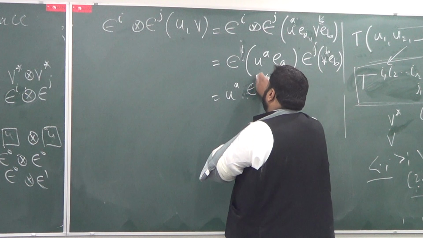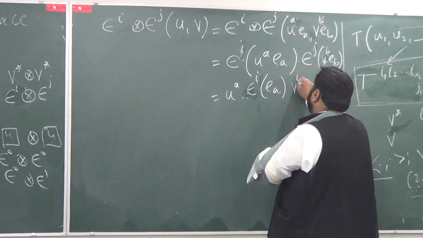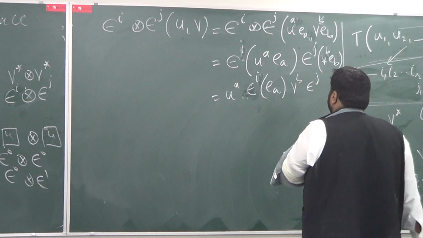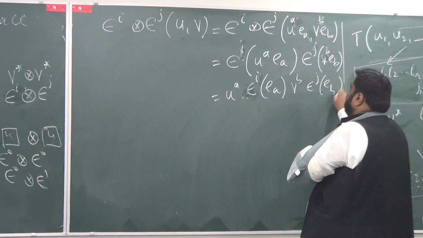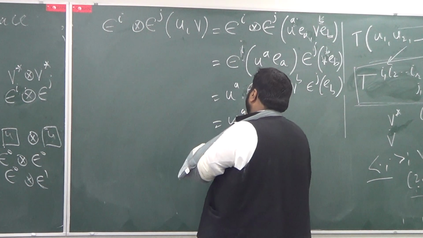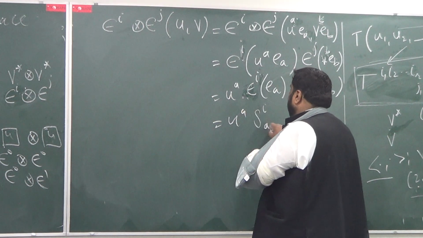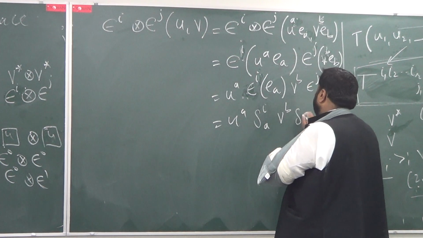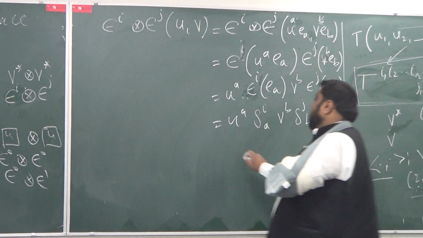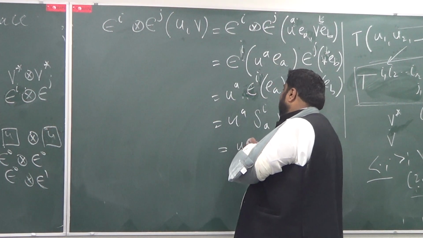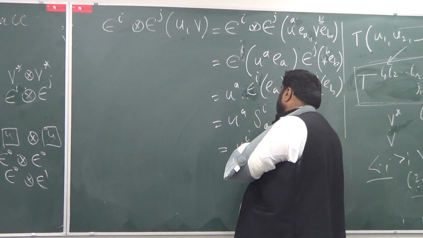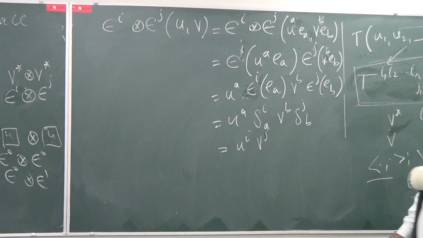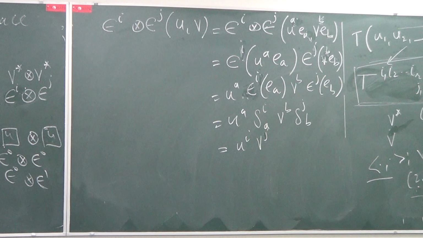So what are you going to get? u^a, and the Kronecker delta i a, and v^b, and the Kronecker delta j b.